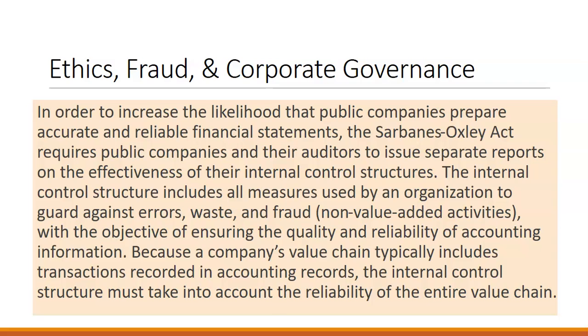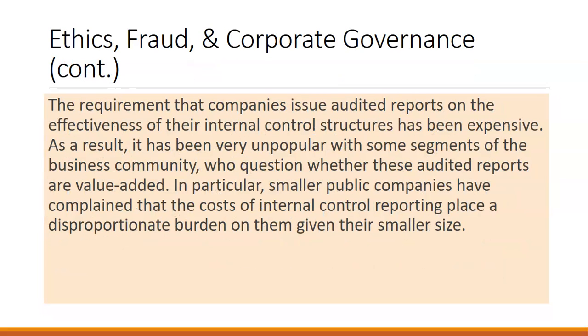So internal control measures are actually very expensive for companies to maintain. So businesses sometimes question whether these required reports and the required audits are actually value added. In fact, smaller companies complain that the cost of internal control reporting places a huge burden on them given their size.